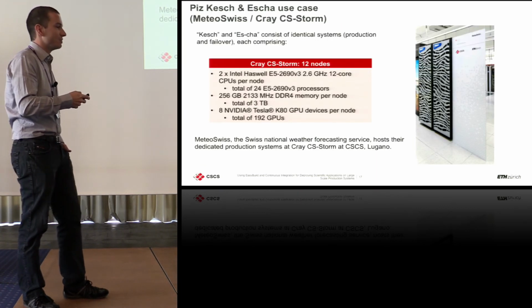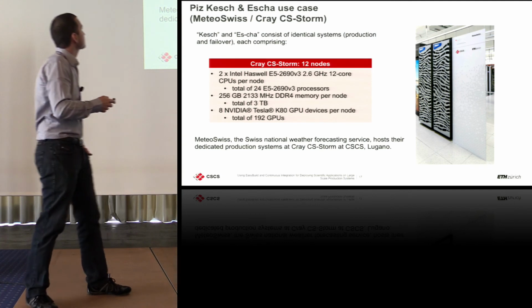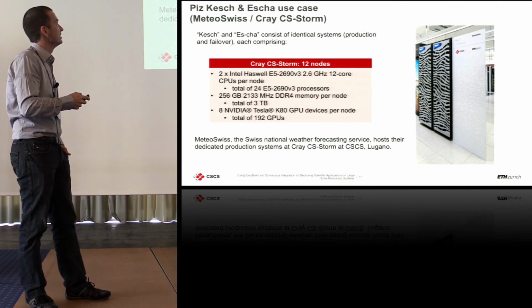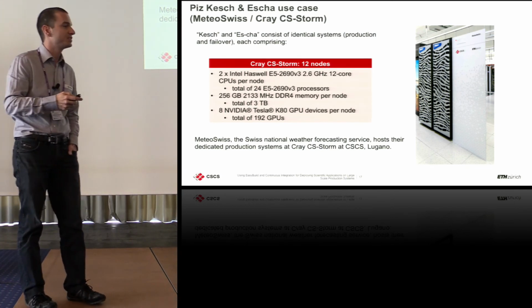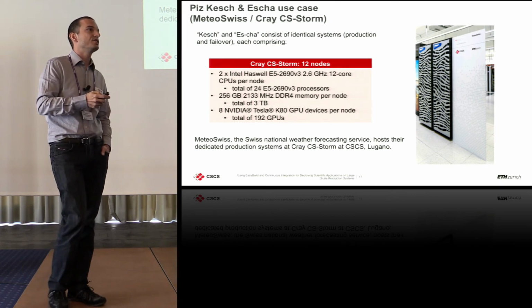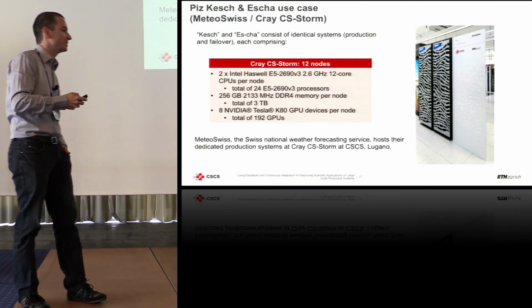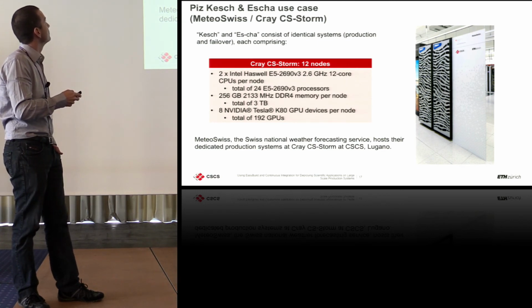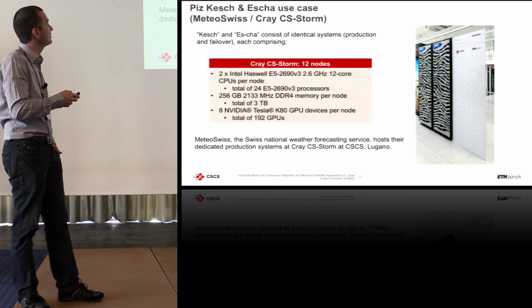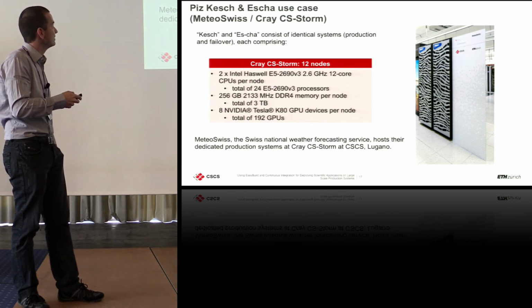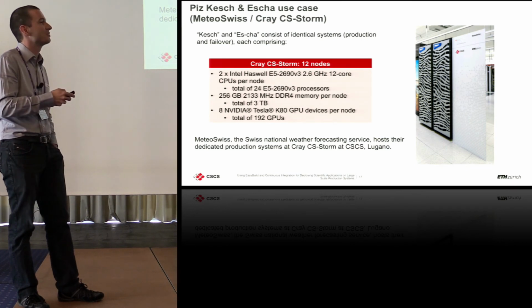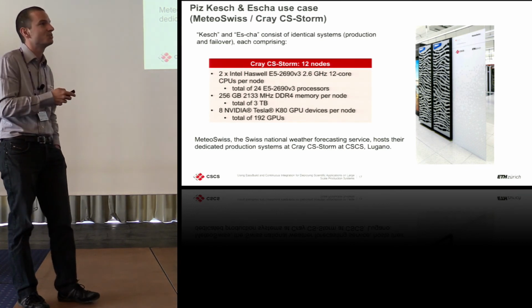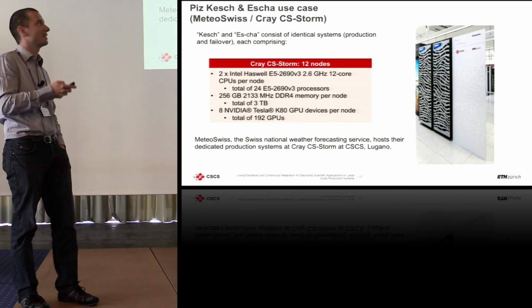Now the real examples where at CSCS we use EasyBuild. The first one was the installation of the MeteoSwiss machine. We have this Piz Kesch and Escha, a Cray system, and here we have a particular use case where the compiler provided by Cray was not working, so we just used the software stack from EasyBuild.